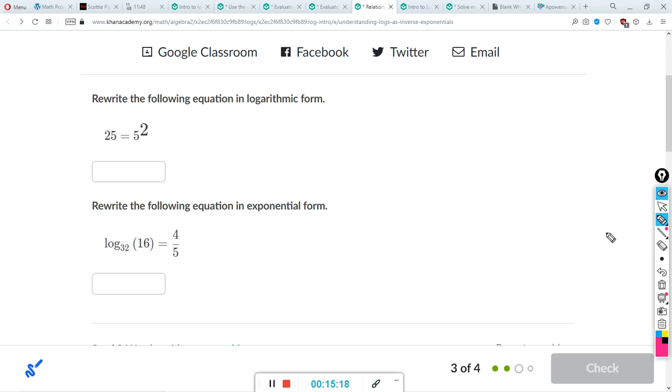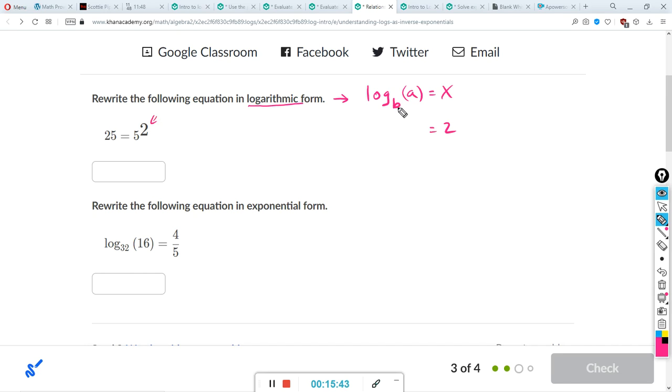Alright, so we did one like this already. The logarithmic form. The equation for log base b of a equals x. Okay, so x is the exponent, and we can see that's 2.